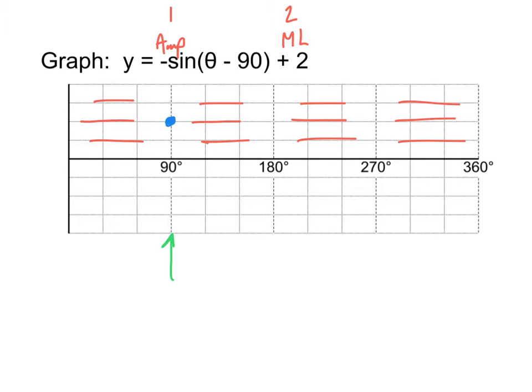What the negative does change is where we go from there. Because the negative out front of any function, remember, flips it upside down. And so that means that from the middle here, instead of going up, I'm actually going to go down. And so my next point is at the bottom. And once I've plotted those, I can plot all the rest of the points because I now know where I am in the pattern. I went middle, bottom.